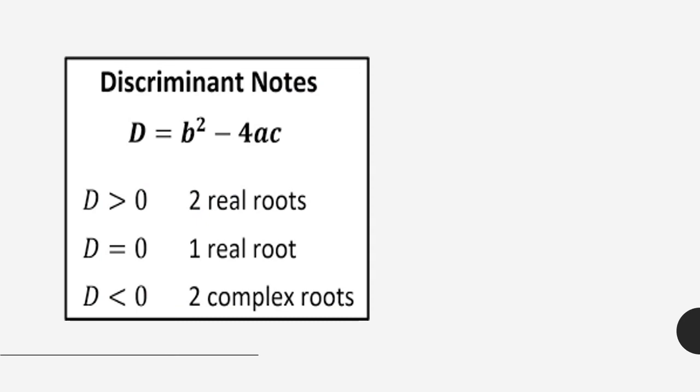Here you can see one important thing, that is the discriminant. The formula for the discriminant is b square minus 4ac, where the standard form is ax square plus bx plus c equals 0, and a, b and c are the constants. So you can simply understand: if the discriminant of a quadratic equation is positive, greater than 0, then it has two real roots.